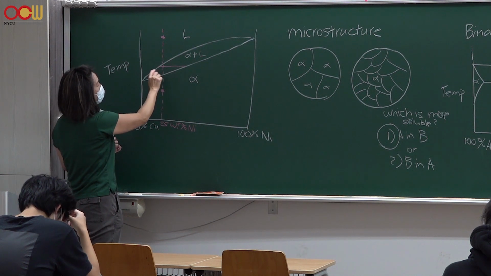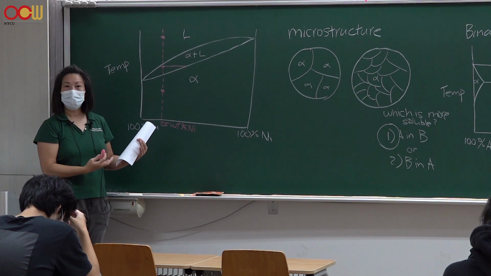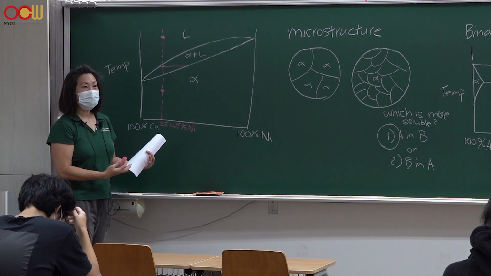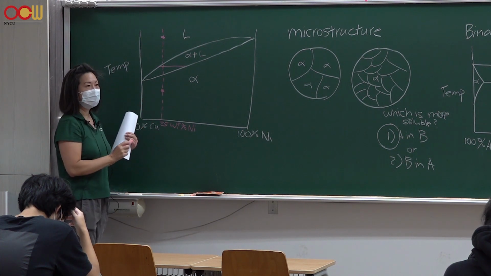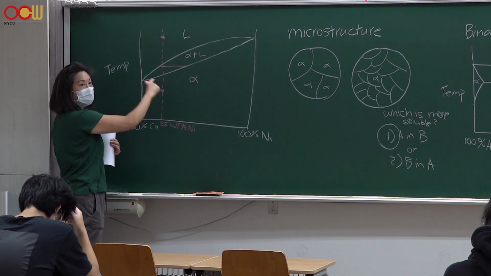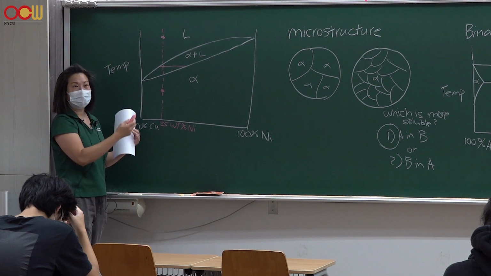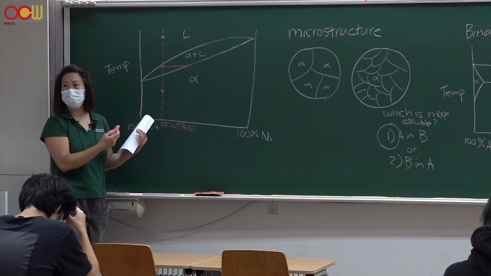So by using the tie line, we can figure out the percentage of the phases, which also tells us there can only be two phases, two structures, in this region, right? If we have three, then how will we use this tie line to figure out how much is the third phase?